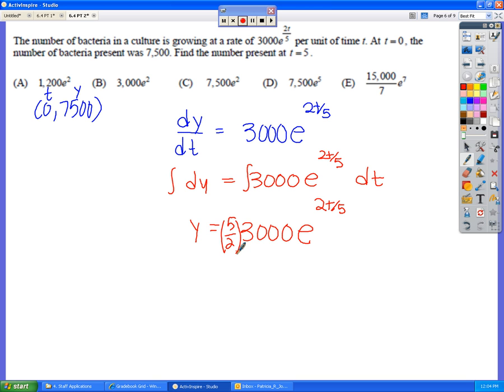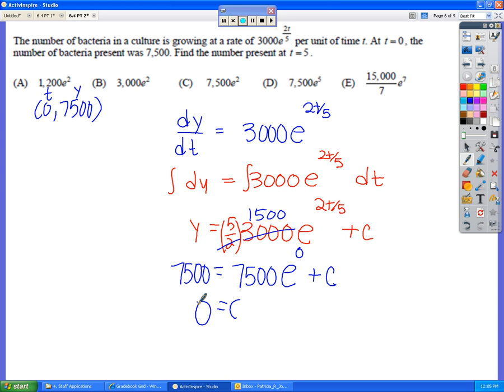So that is the antiderivative with a plus c. I'm going to put in my initial value, which says that 7,500 is equal to 5 times 1,500, which is 7,500, e to the 0 plus c. Hopefully you notice that c ends up equaling 0.